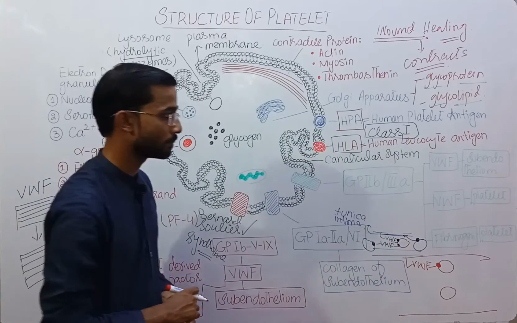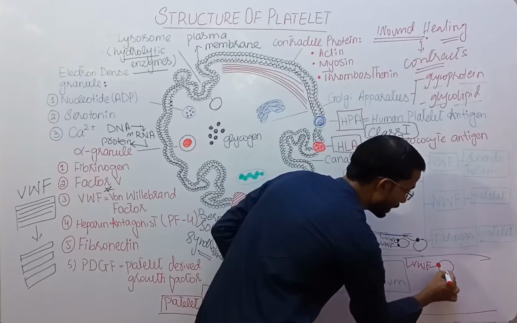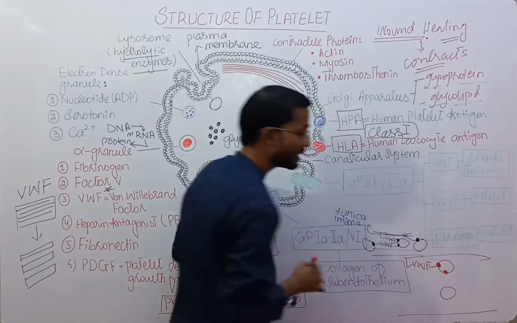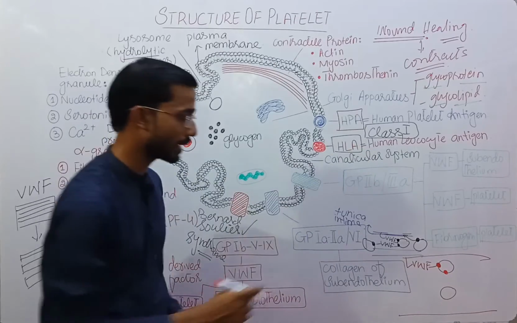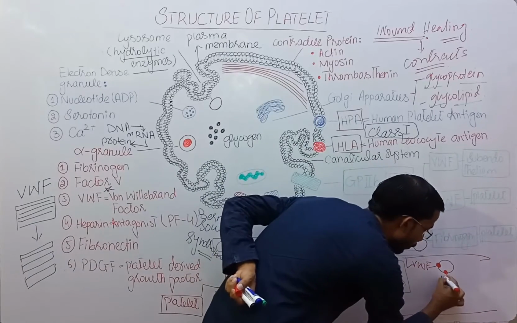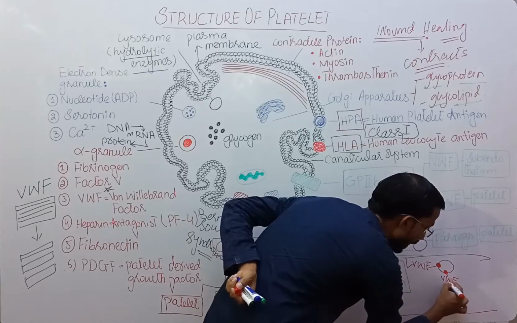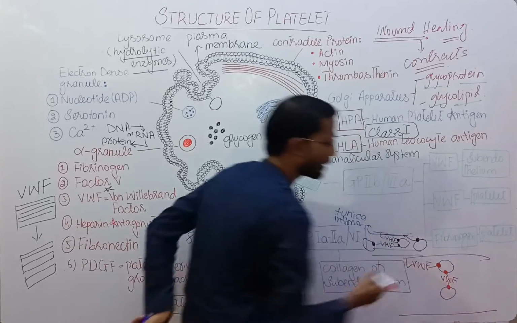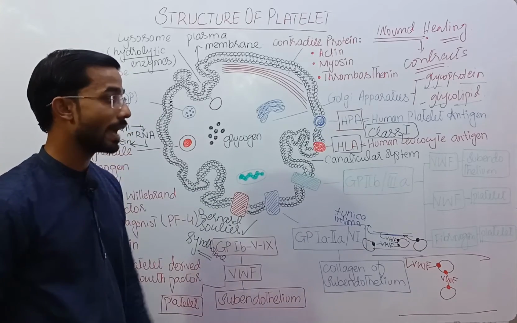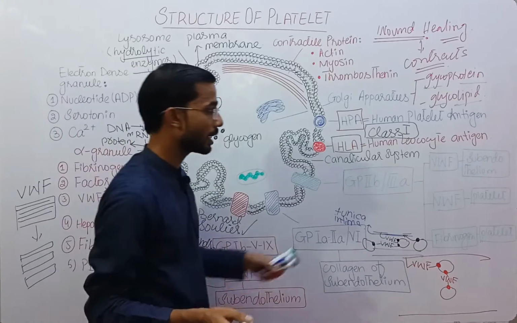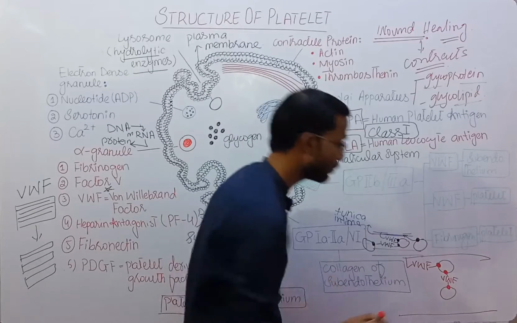This is one chance. Then there is another glycoprotein having the 2B and 3A complex, which attaches with the von Willebrand factor, and this further attaches to other platelets having the same complex. And there is another chance that this complex is attached with fibrinogen.